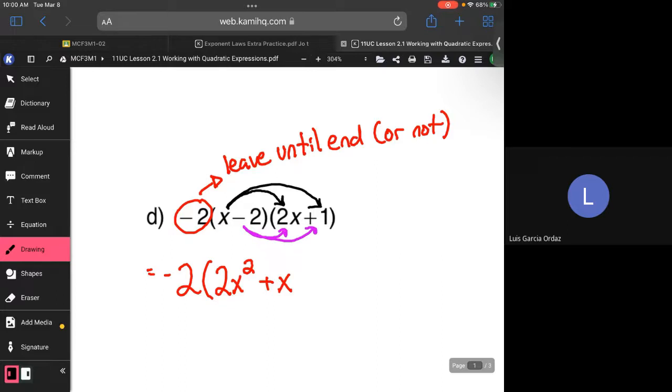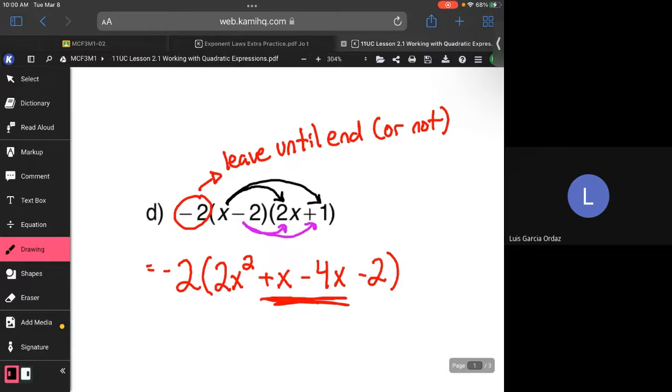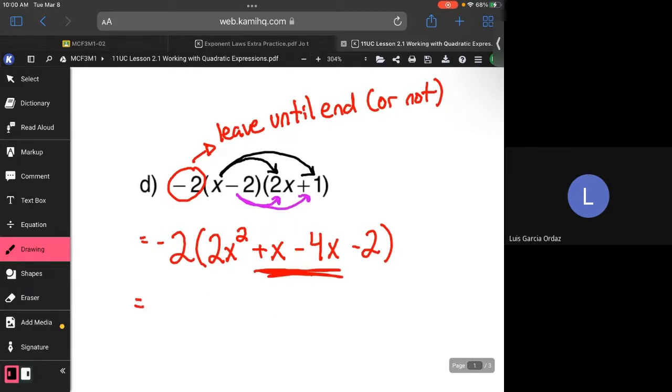Negative 4x. And then? Negative 2. Okay. And as you can see, again, my like terms are in the middle. So what does my bracket simplify into? So what's x minus 4x? Negative 3x. Yep, minus 3x, minus 2.